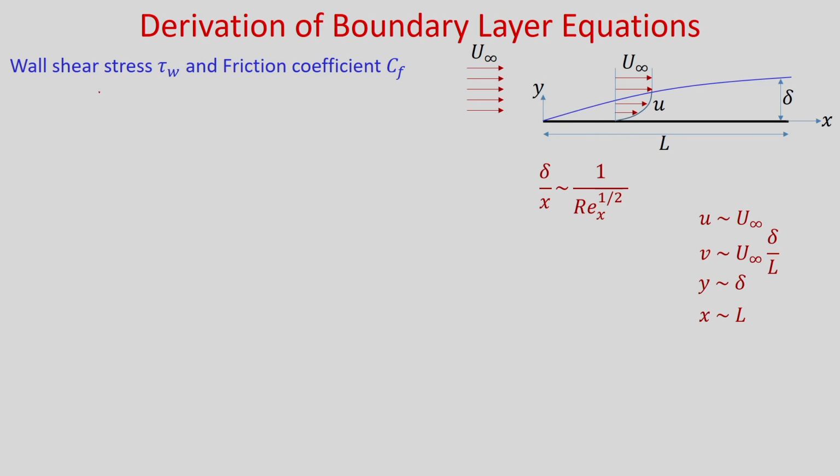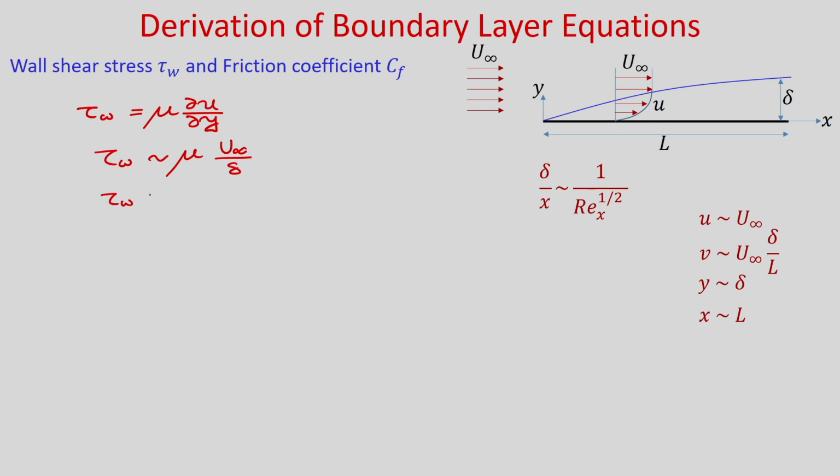Okay. So, if we see that the shear stress tau w, we can write for this flow over flat plate as mu del u by del y, right. So, tau w will be order of mu, u is u infinity, y is delta.